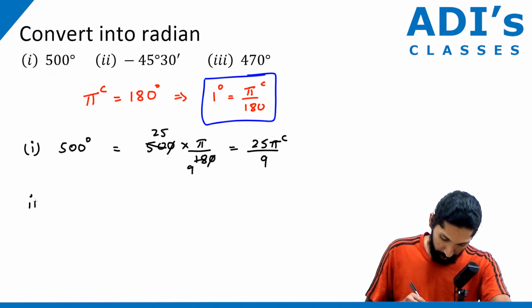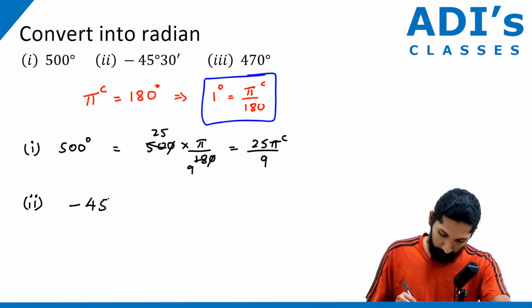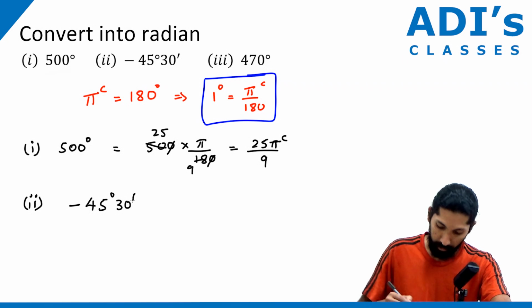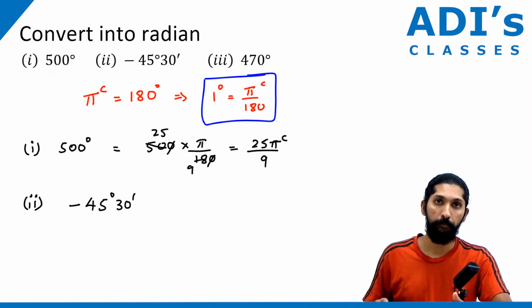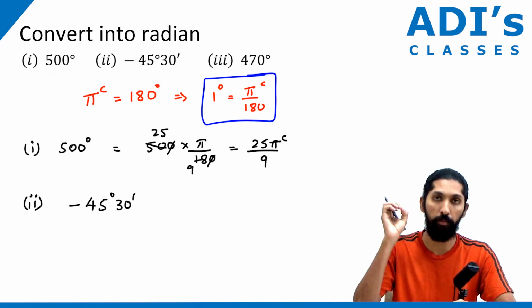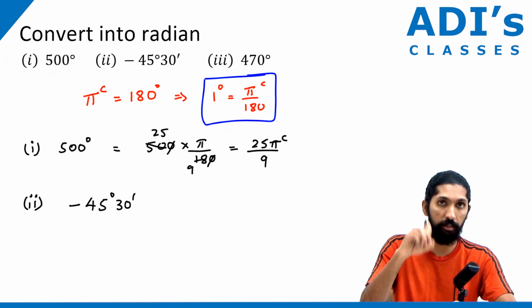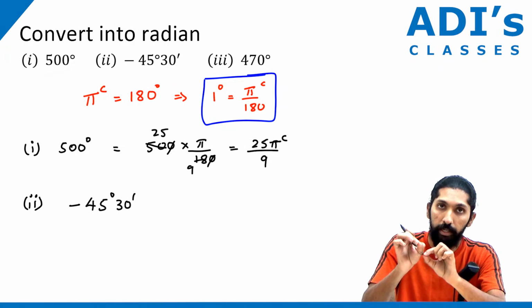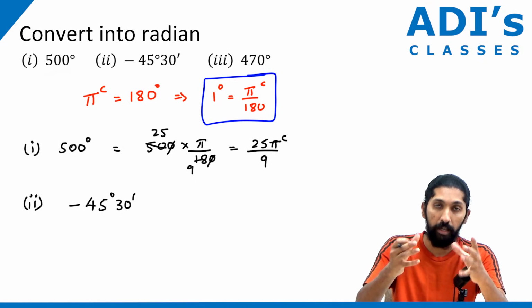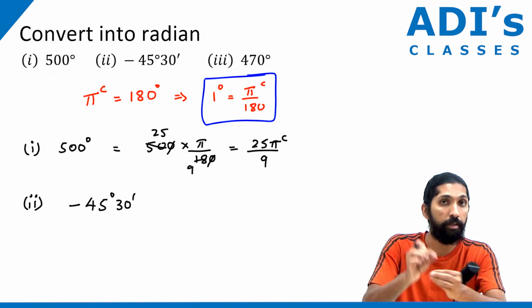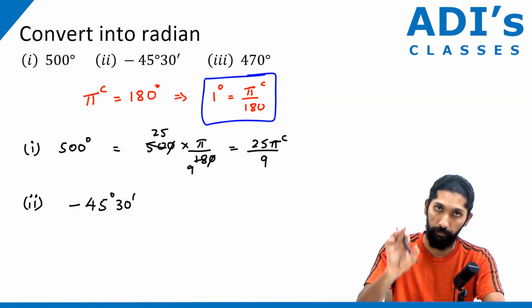See the second one, we have minus 45 degree 30 minutes. Now it's in terms of degree and minutes. To solve these kinds of problems, listen carefully: convert that minute into degree. Get the degree in fractional form, not in terms of decimal. Fair enough?